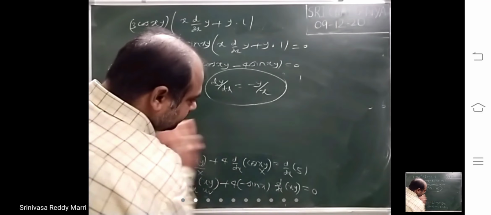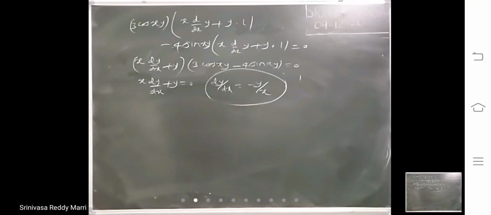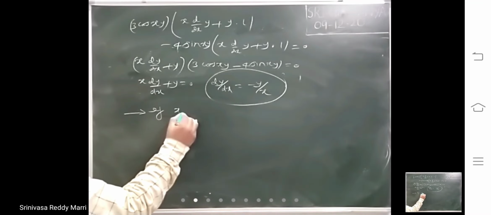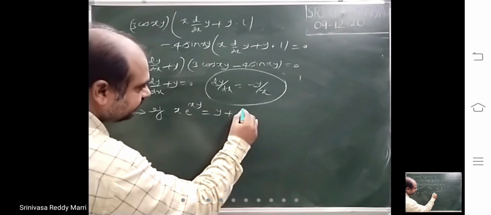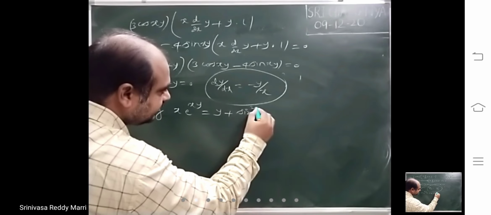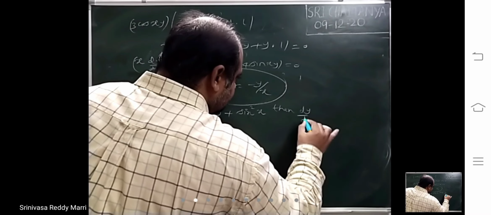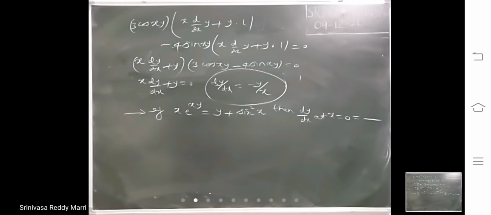Take another problem. If x into e power xy equals y plus sine square x, then dy by dx at x equal to 0 equals dash.